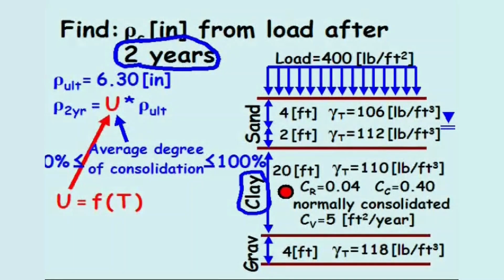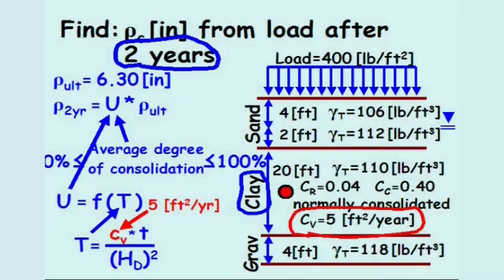U is a function of big T, the time factor. And the time factor is equal to the time rate of consolidation, which is sometimes called the consolidation coefficient, times the time the soil has to consolidate, divided by the drainage distance squared.